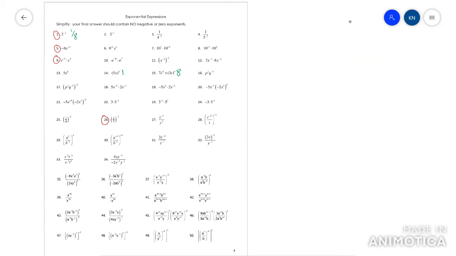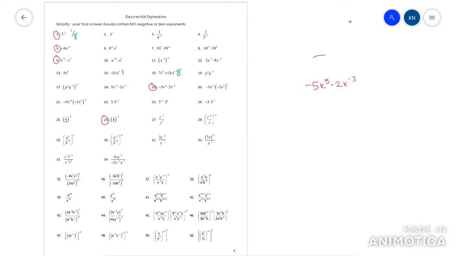Sorry, I'm kind of jumping around, but all right, say you have a negative exponent times something with a positive exponent. Well, you need to realize that you're adding these. And so like this one is going to be c^2. Look at 19. -5x^5 times 2x^-3.